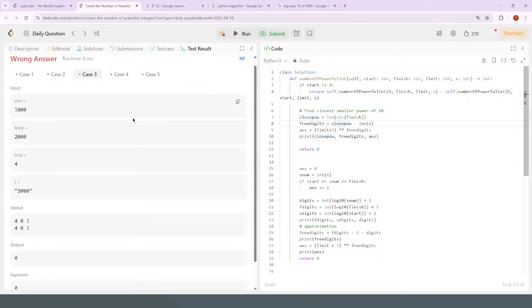Alright, so here, let's look at this one here. So 1, 2, 4 is your ending digits here. There should only be one free digit. So it should be close power minus length minus 1.